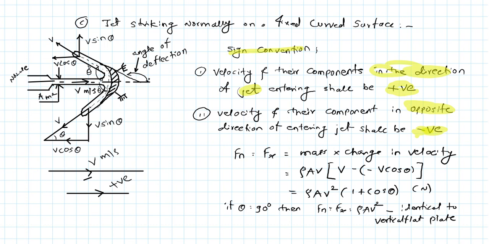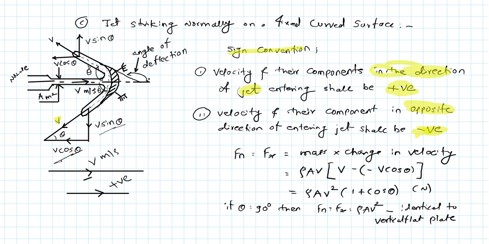Now as a jet impacts on a curve, it will be deflected through an angle theta and leaves with a velocity v. Therefore we have to take the components of velocity v in x and y direction. So we put v sin theta and v cos theta.